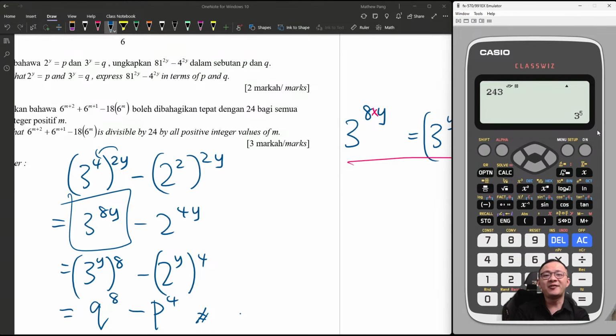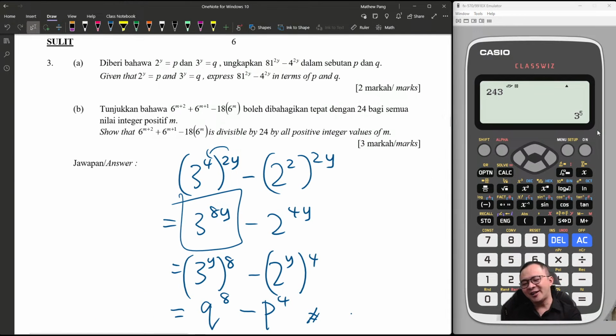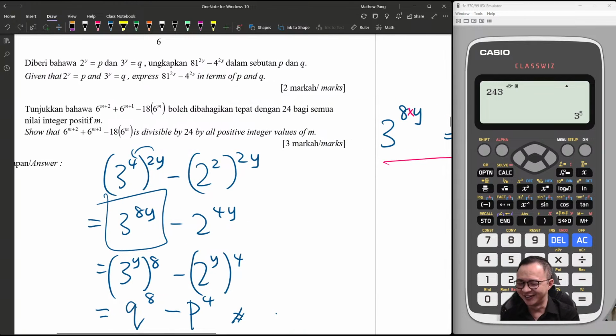That's why it's called prime factorization, which is very useful. Especially when you have a very big number and you do not know what prime numbers 243 is related to, then you can use it. I realize SPM questions always give you the prime number ones. You see, 2 is a prime number, 3 is a prime number. So this function will be very useful. But if you don't have this calculator, I'm sorry, other calculators cannot do that.